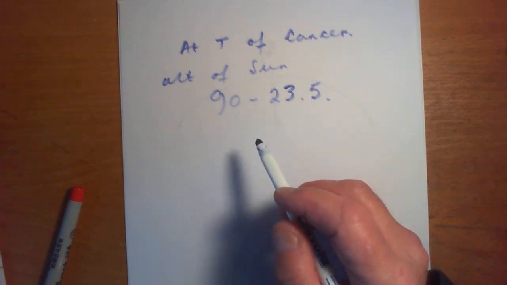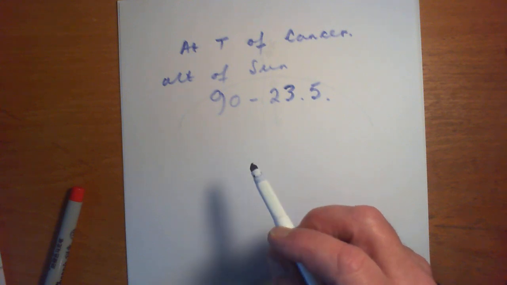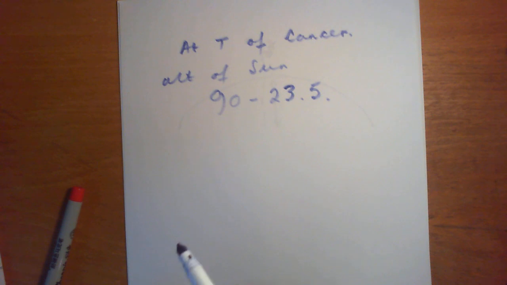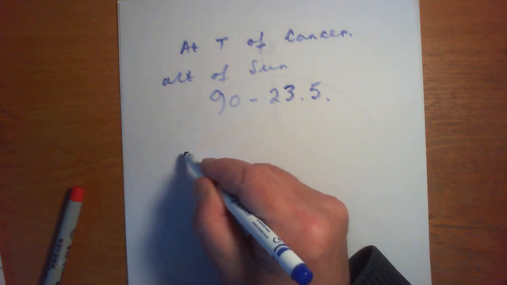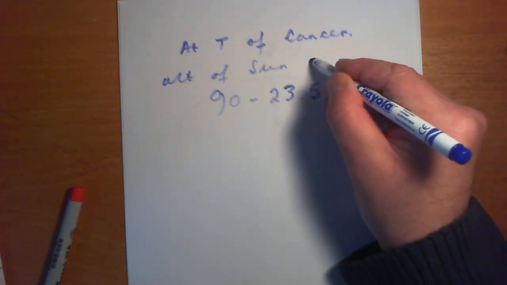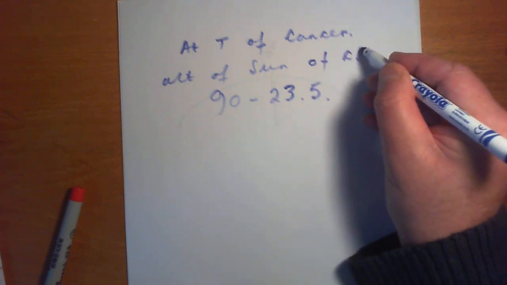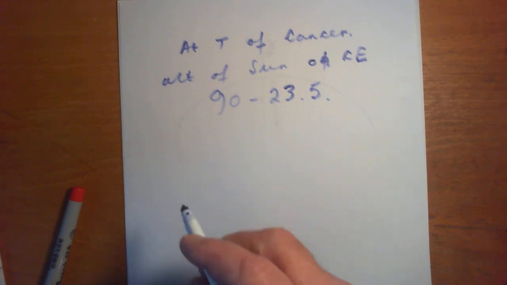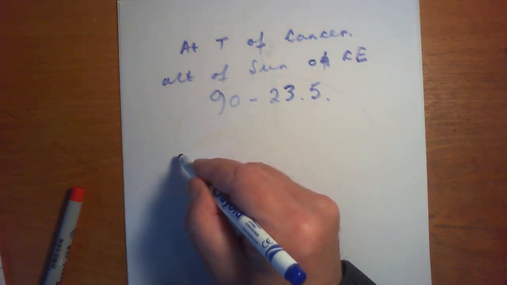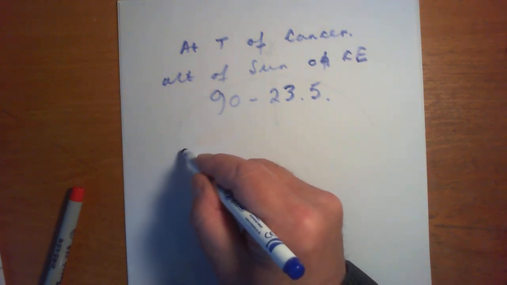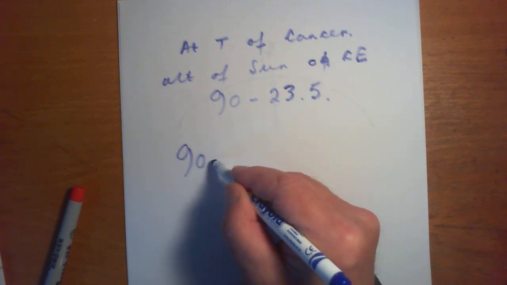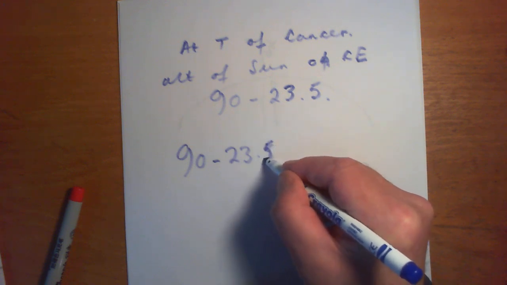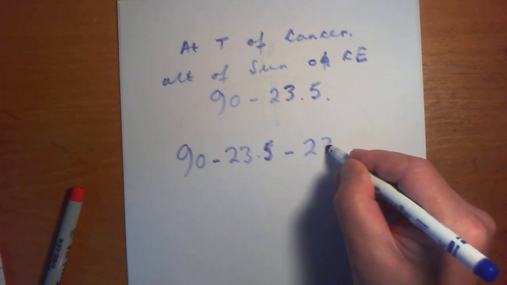But as I said, in this particular problem, the Sun is on the Tropic of Capricorn, so that'll be 23.5 lower. Perhaps I should make that clear: the altitude of the Sun on the celestial equator is that here, because the Sun is over the Tropic of Capricorn, it'll be 23.5 degrees lower than that. So it'll be that, which is the altitude of the celestial equator, minus another 23.5.